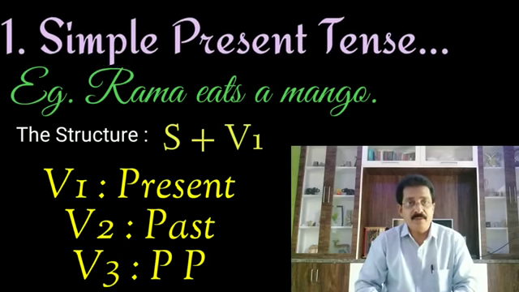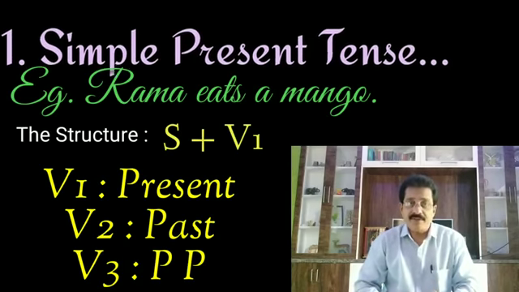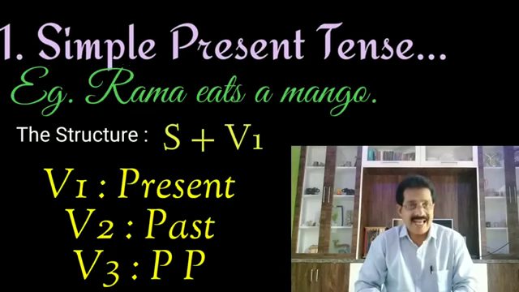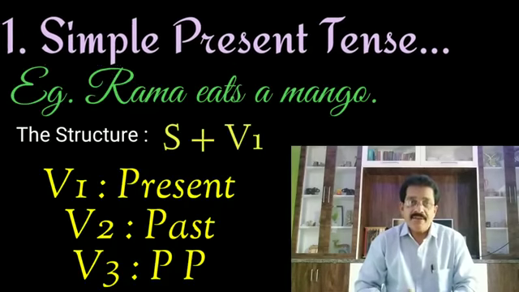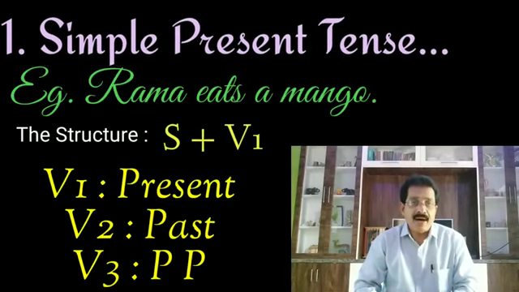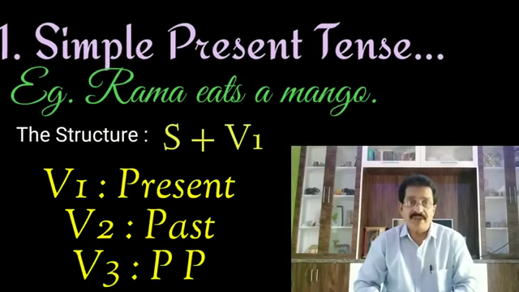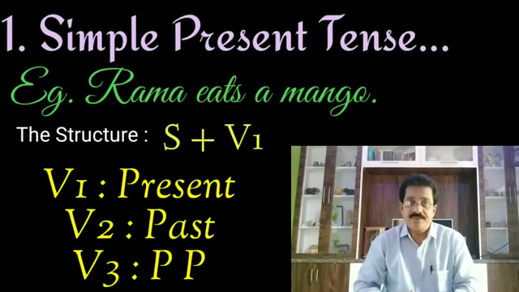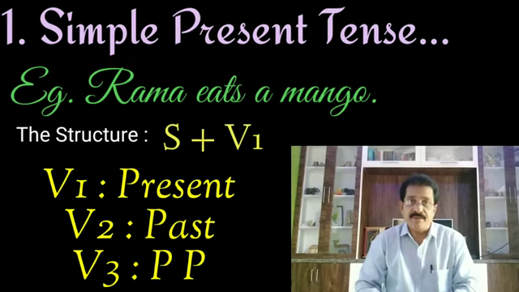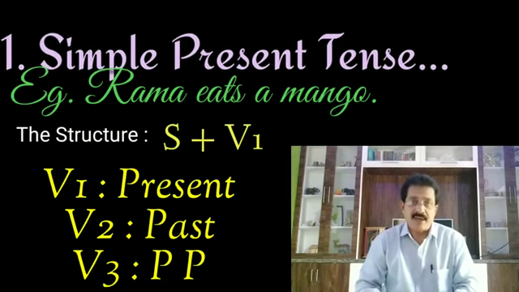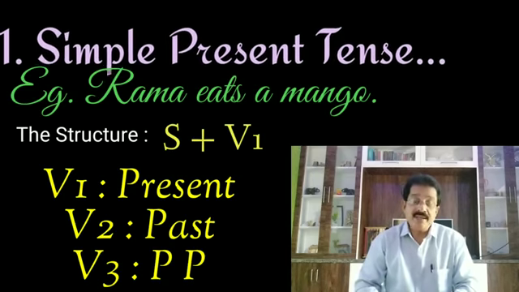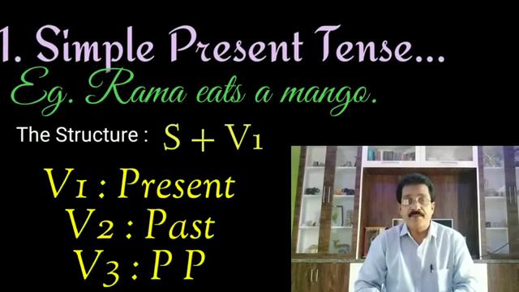V2 refers to the past form of the verb, that is ate, for example, and V3 is the past participle form, that is eaten. So V1 is present form, V2 is past form, V3 is past participle form.